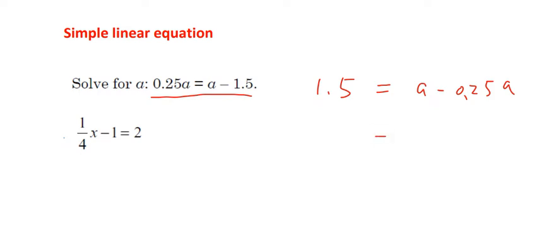So a minus 0.25a is 1/4... that's 3/4a. Okay, so from here we can find a, right? And we also can change this 1.5 as 3/2. So we can say a should be equal to, right?